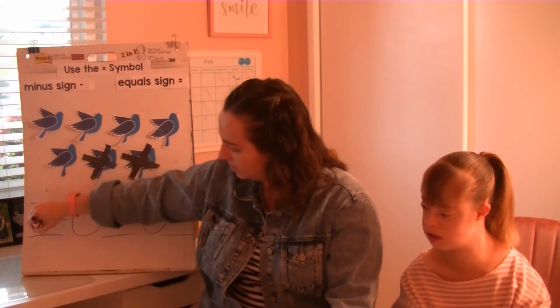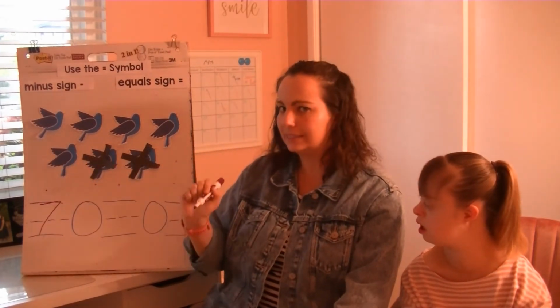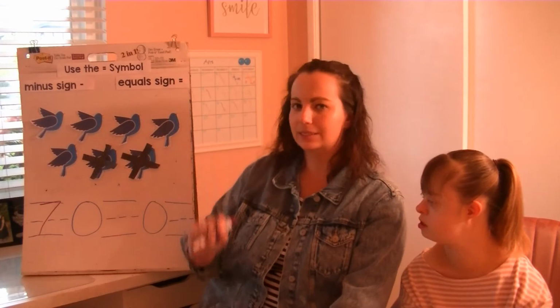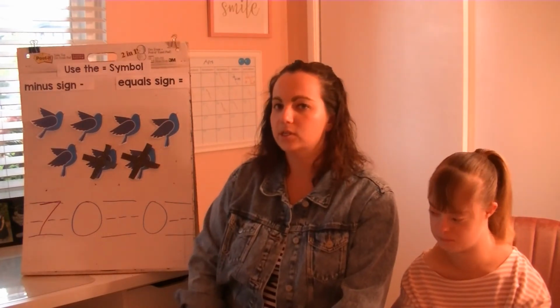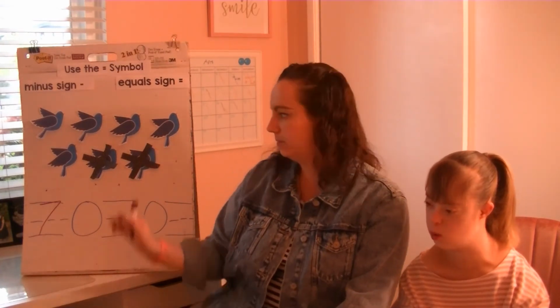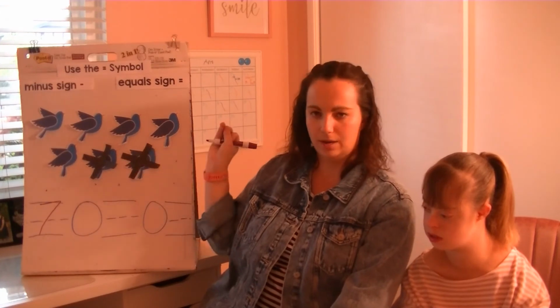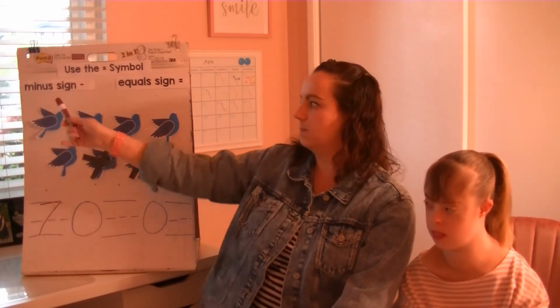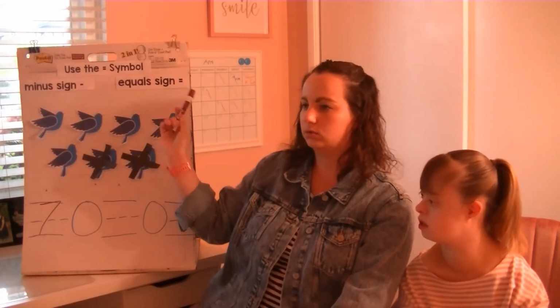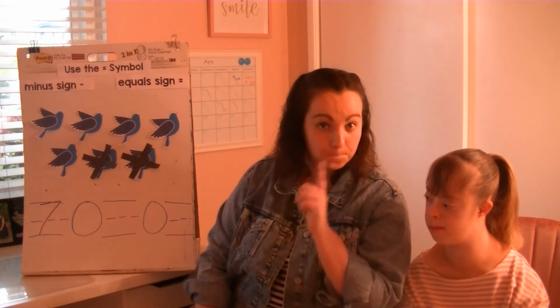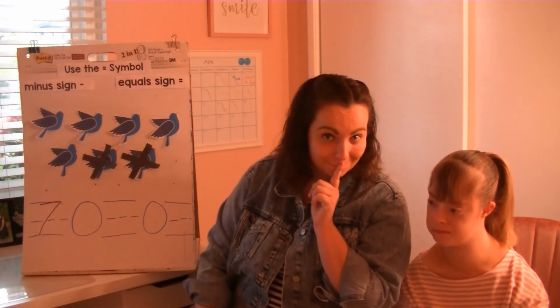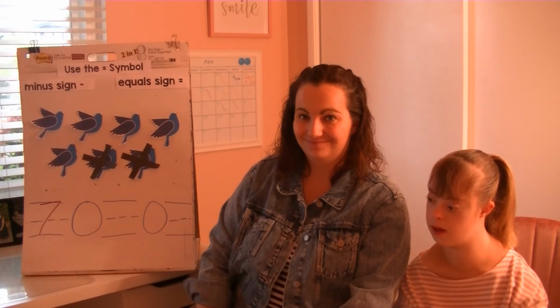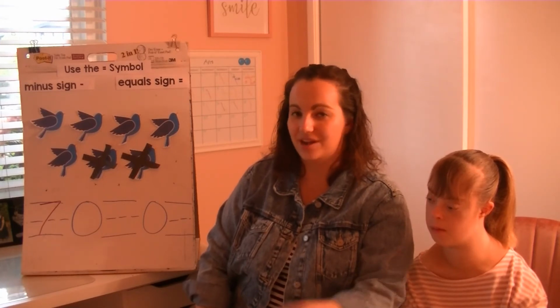Then, what sign do I need to write next to show that birds are going to be subtracted? That birds are being taken away? Think in your head, is it the minus sign or equal sign? What comes next? Okay, have that answer in your head.